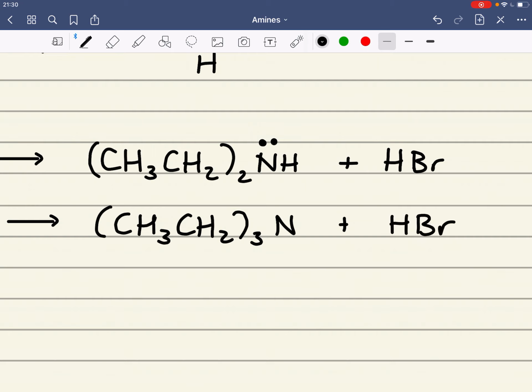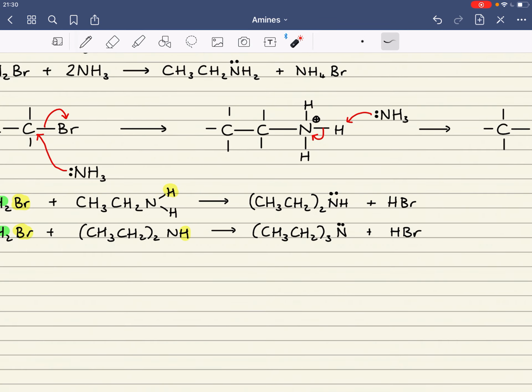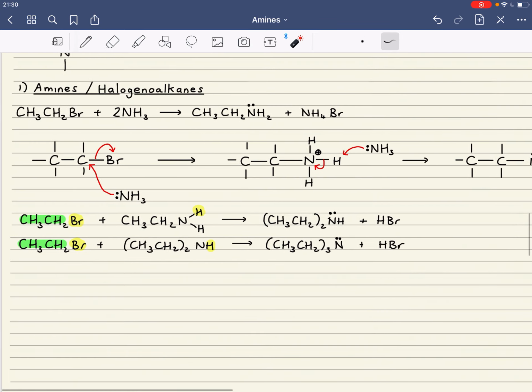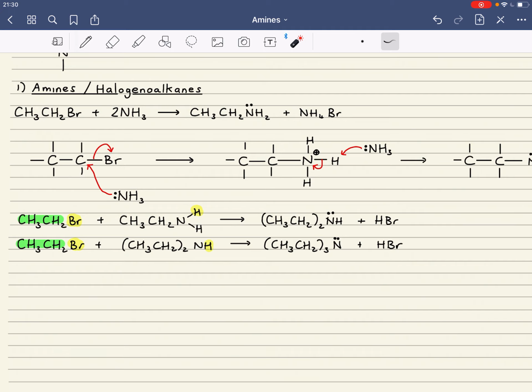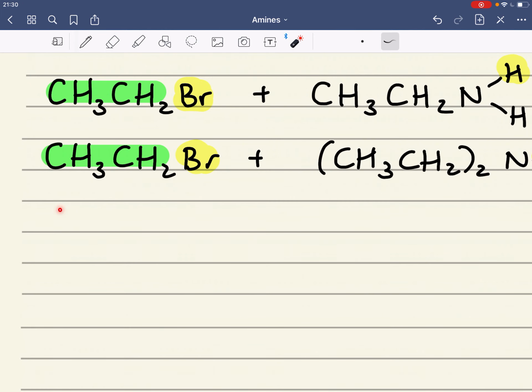And the triethylamine, again, has a lone pair. And that lone pair there can be used to form a bond with the delta positive carbon here. And that gives us the following reaction.